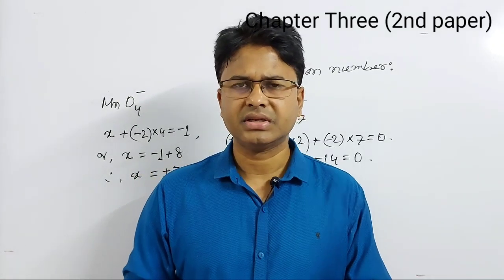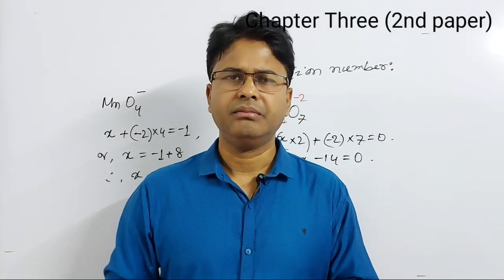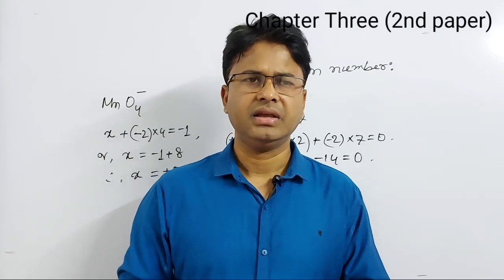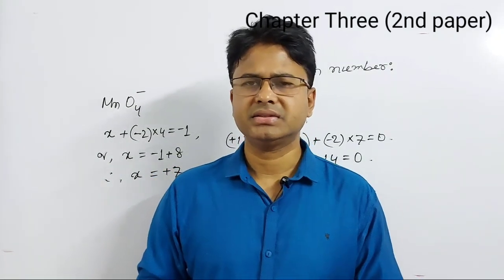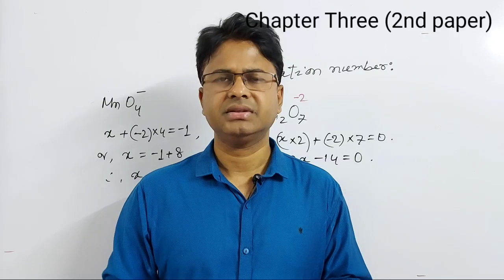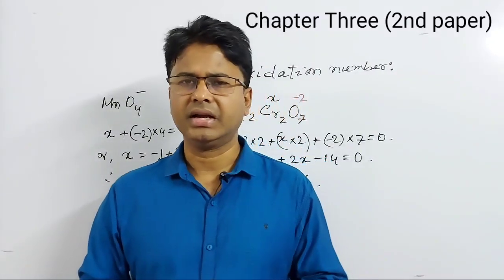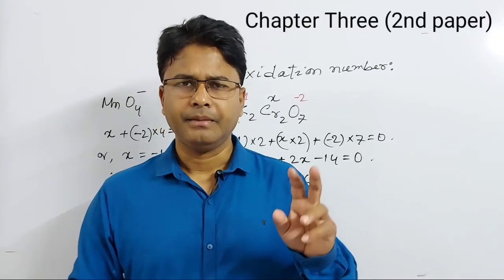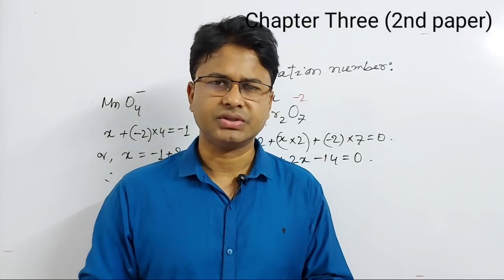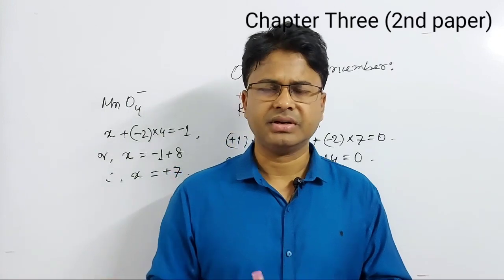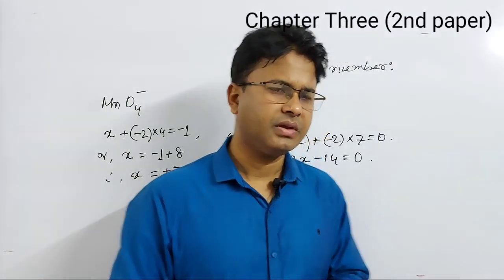And the oxidation number of an atom may be a fraction, but the balancing of an element is a whole number. Those two are the major differences between the oxidation number and balancing.